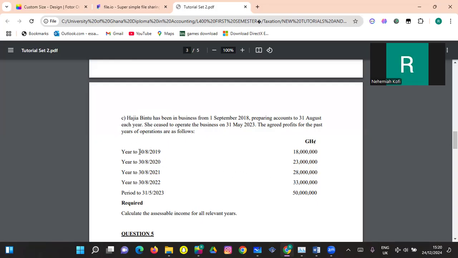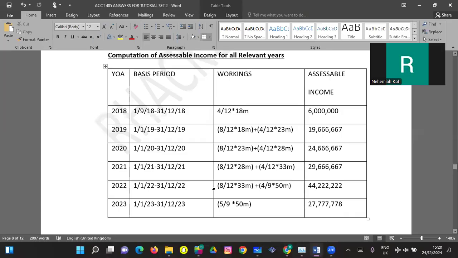So year to 31st August 2019, their profit is 18,000. We are going to start computing from the 2018 year of assessment, right? The 2018 year of assessment will start from 1st September 2018 to 31st December 2018.